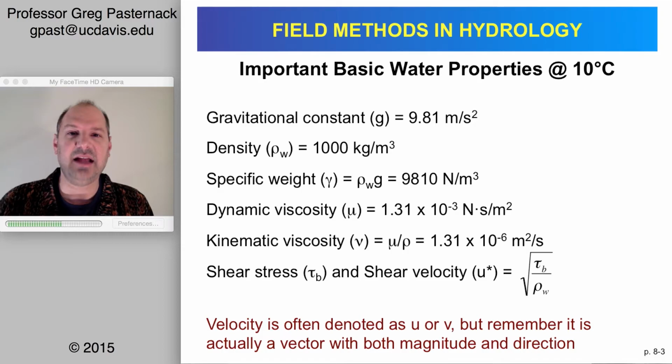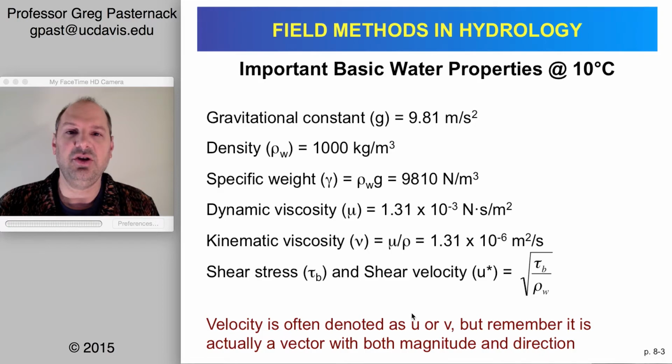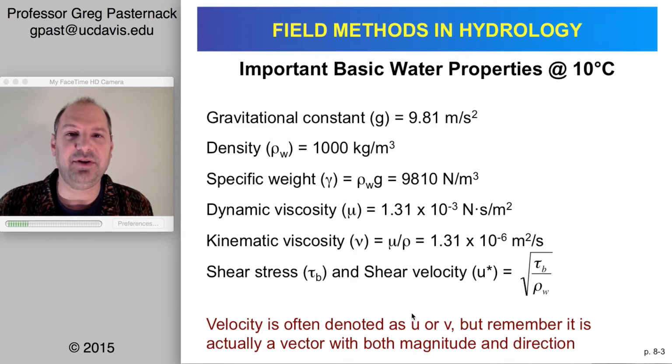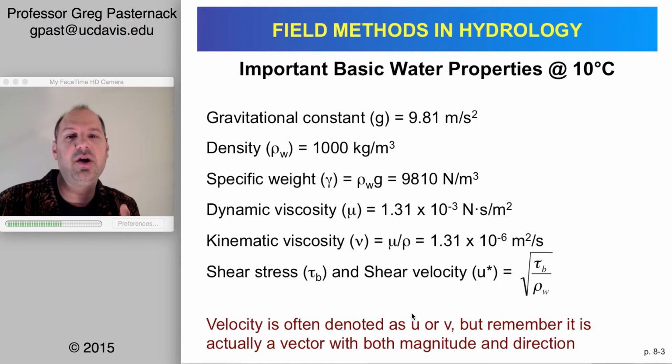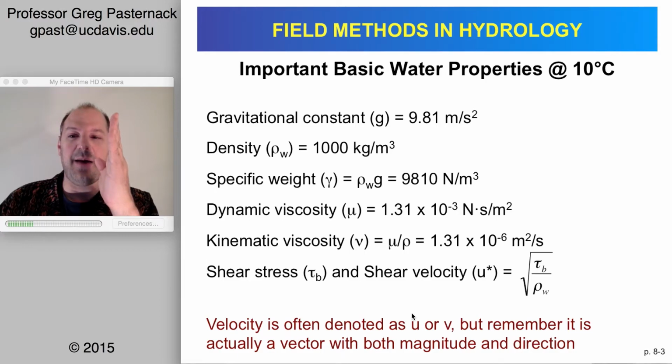There are some basic constants, some numbers that we use, and I'm giving them to you here in metric units. I'm actually going to start at the bottom and just point out that velocity is often denoted using the symbols U or V, and of course V for velocity. But you have to remember, velocity, unlike depth, is a vector, not a scalar, and so therefore it has both a direction and a magnitude, and often we'll break velocity up into different components, like the component going right down the river, the component going transverse to that, and then the component that's up and down.